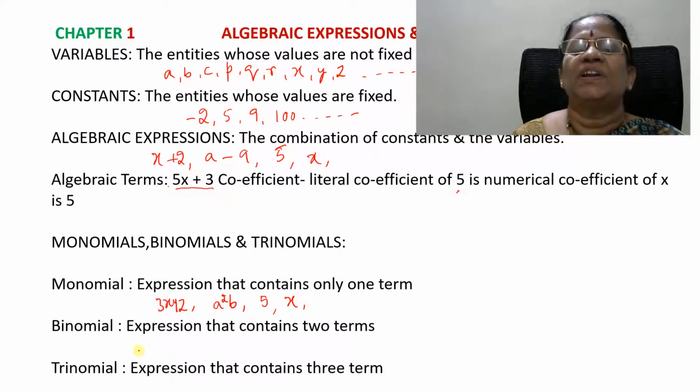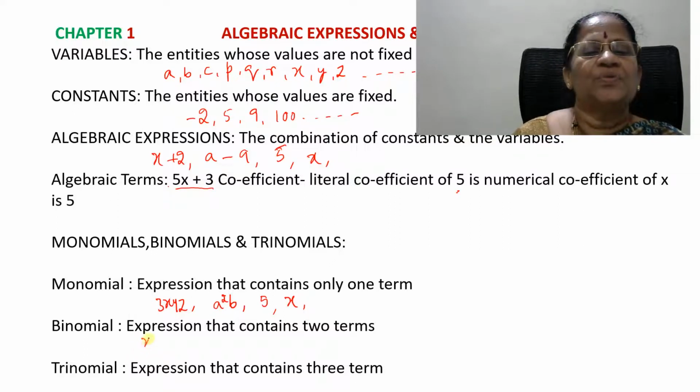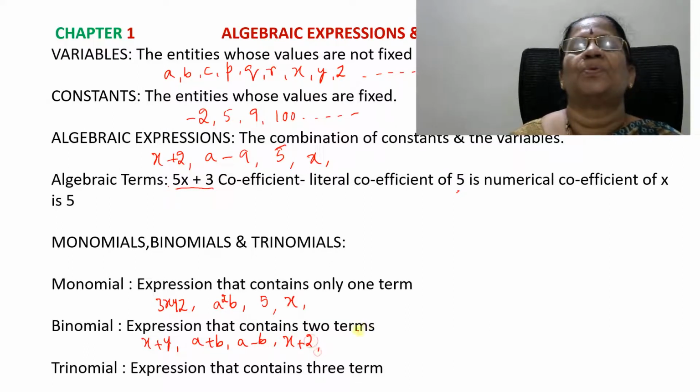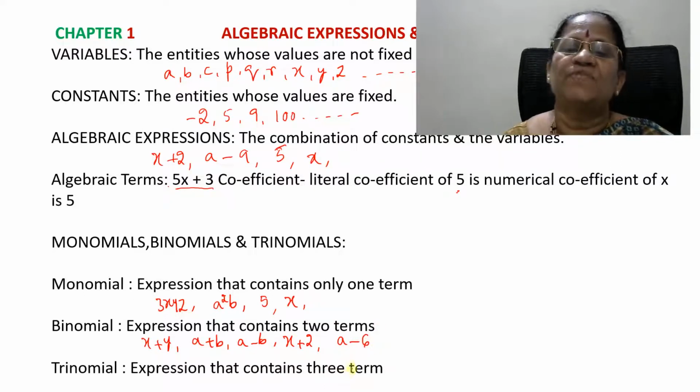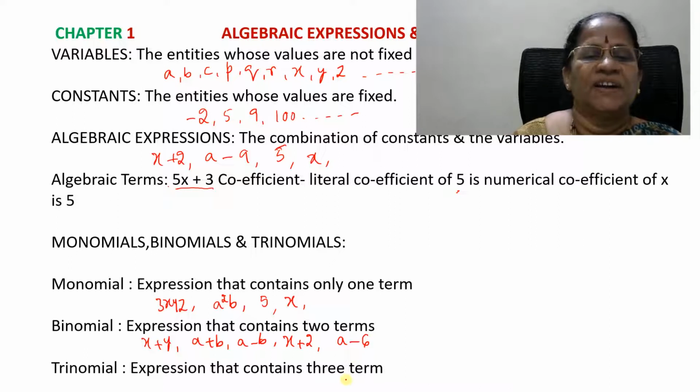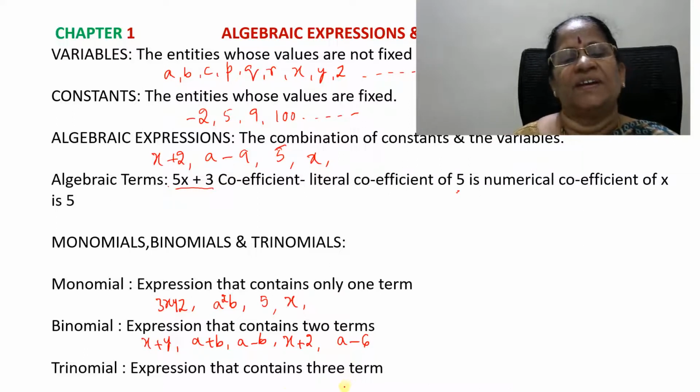Then a binomial is one which contains two terms, and those two terms are separated by either plus or minus sign. It may be x plus 2, or it may be a minus 6. So those two terms must be separated by either plus or minus sign.